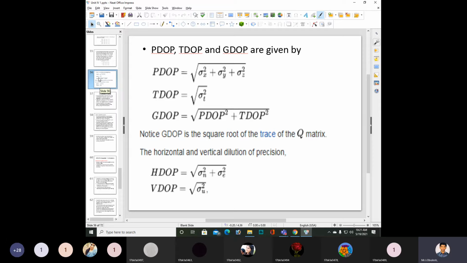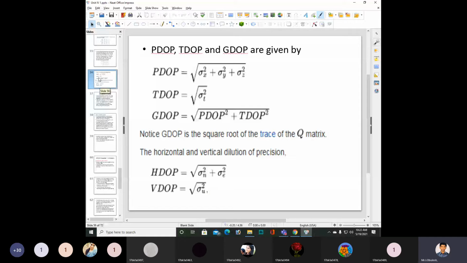Next, GDOP is the combination of both, the square root of PDOP square plus TDOP square. Notice that geometric dilution of precision is the square root of the trace of the Q matrix.